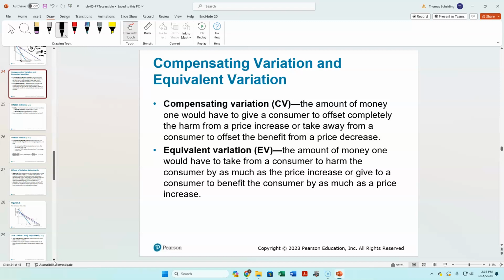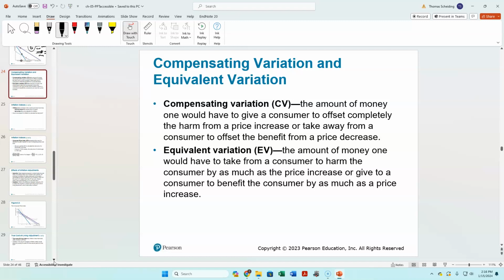What the compensating variation does for us is, when the price goes up, how much money would I have to give people to offset that harm? This would be especially important if we were engaged in public policy, right? And I was looking at rising energy prices or rising food prices. How much would I need to change something like the minimum wage to overwhelm that effect?